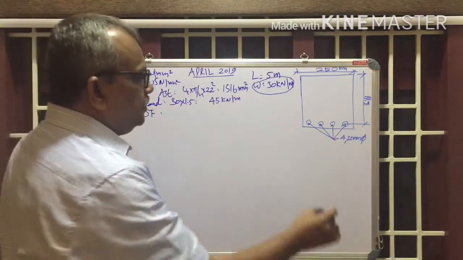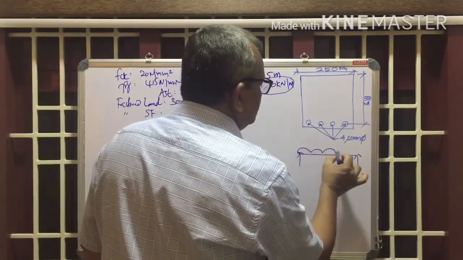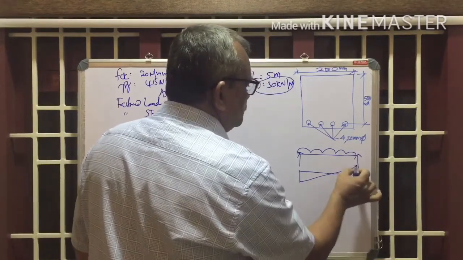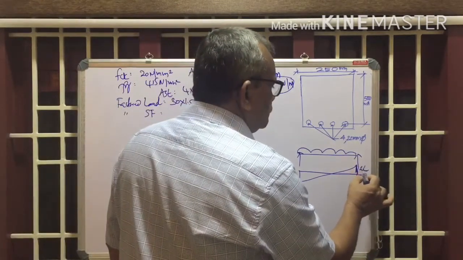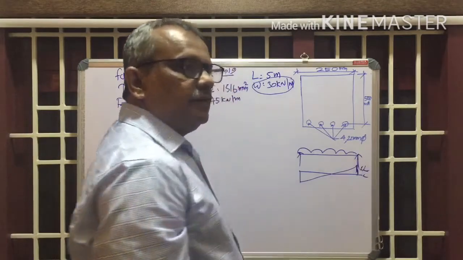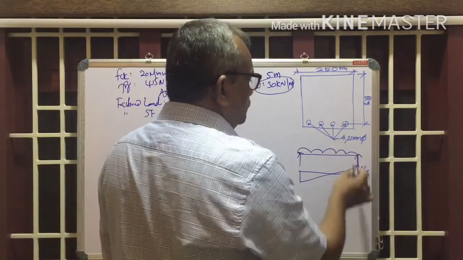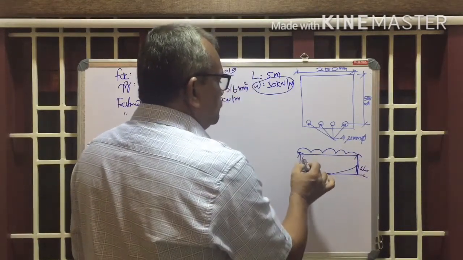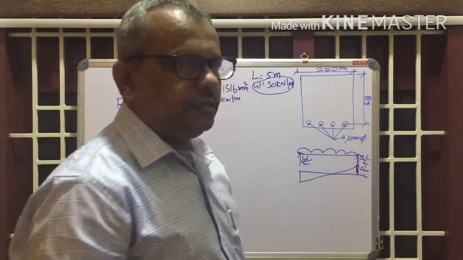So first calculate the factored load, and therefore what is the factored shear force then? In a simply supported beam carrying UD load, what is the maximum shear? The maximum shear force at the support will be equal to WL by 2. This is the reaction, and the maximum SF will be equal to the reaction at that point. The total load is WL, so each reaction will be equal to WL by 2. That we studied in TS.